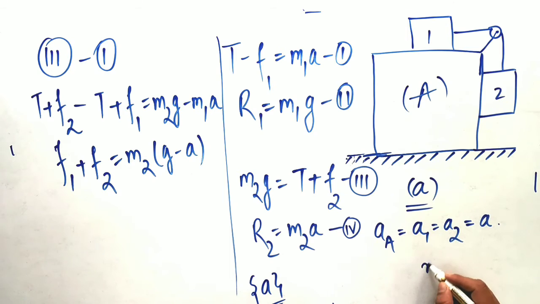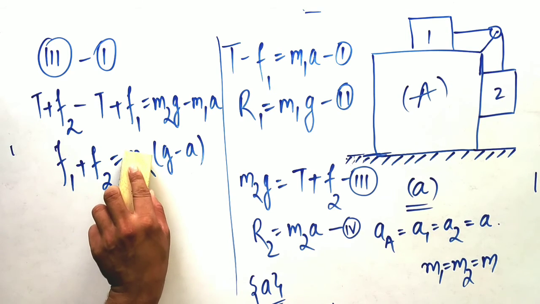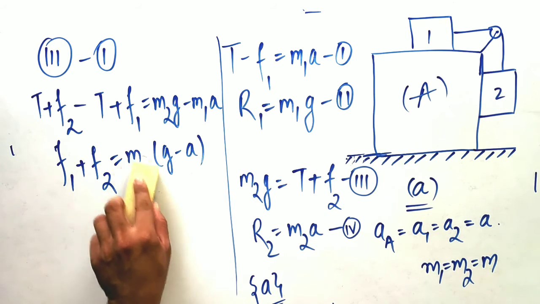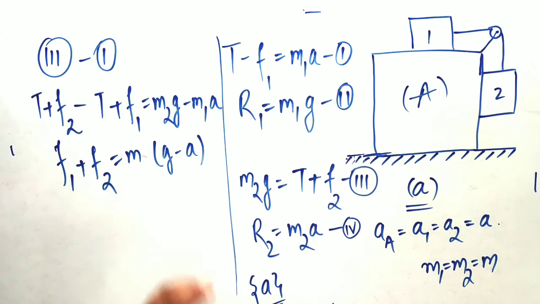Also, we know that m1 and m2 are the same, so we will replace them with just m. So F1 plus F2 is equal to m times g minus a.